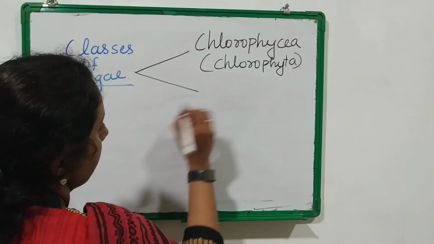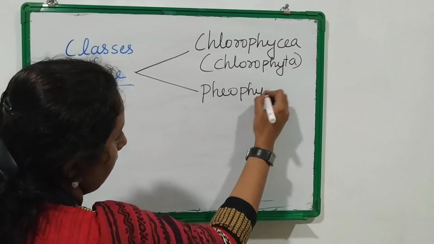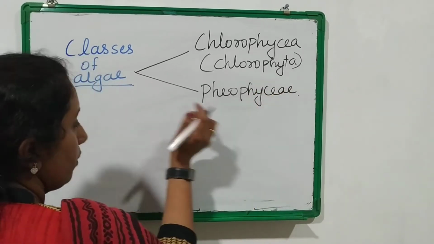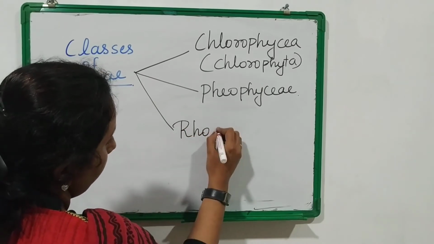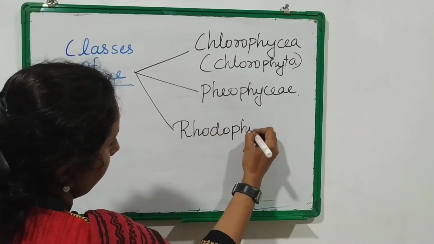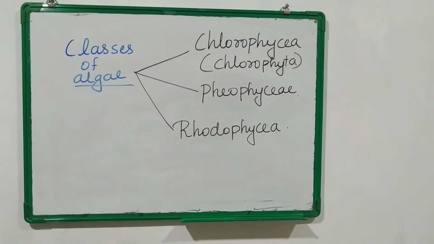Second one, Phaeophyceae or Phaeophyta, and third one, Rhodophyceae or Rhodophyta.